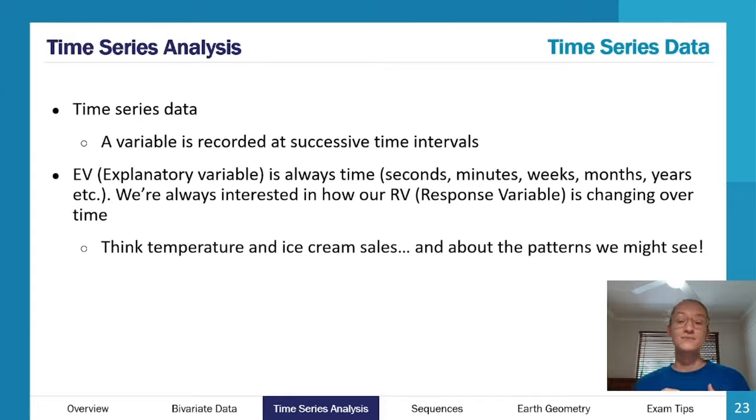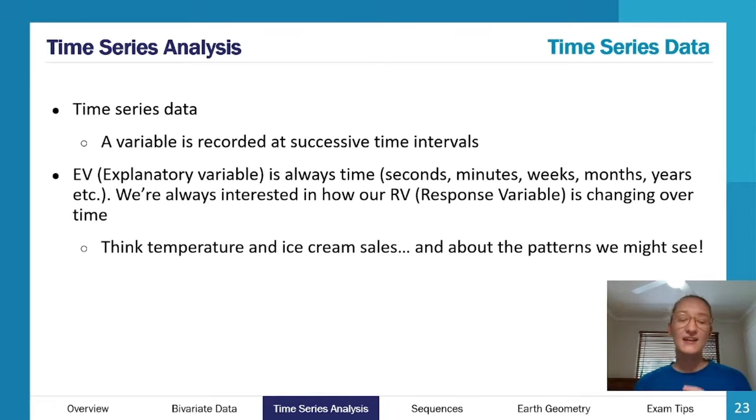So for example, temperature and ice cream sales. This actually is not an example of time series data because we don't have an explanatory variable that's a measure of time. But if we looked at the average monthly ice cream sales over the year, then all of a sudden it is time series data, because we're looking at how ice cream sales change over time.